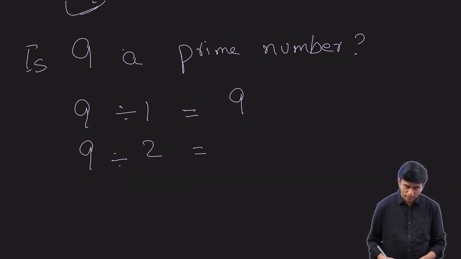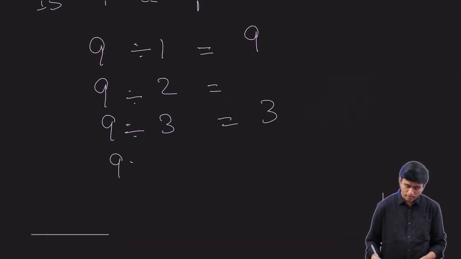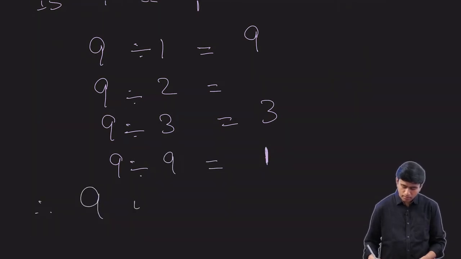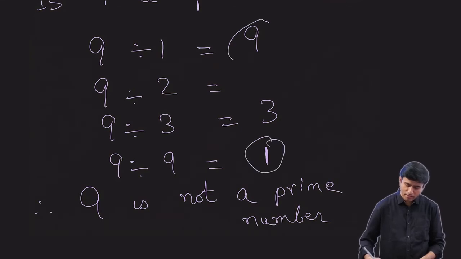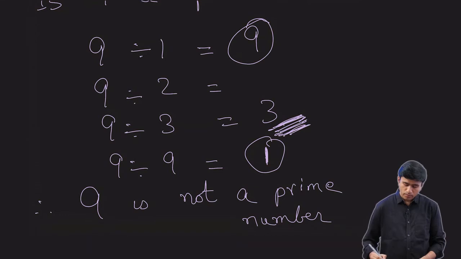How about 9 divided by 3? 3. 9 divided by 9 is 1. So 9 is not a prime number. Because we have 1, 9, but we also have 3. So 9 is a composite number.